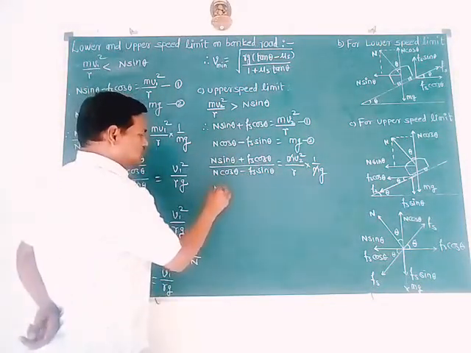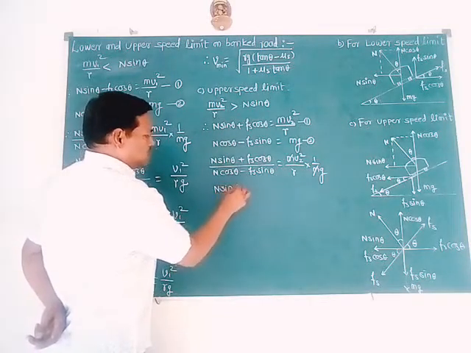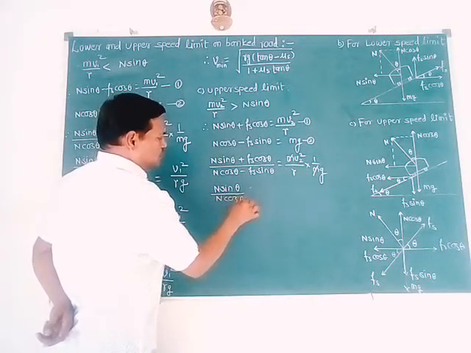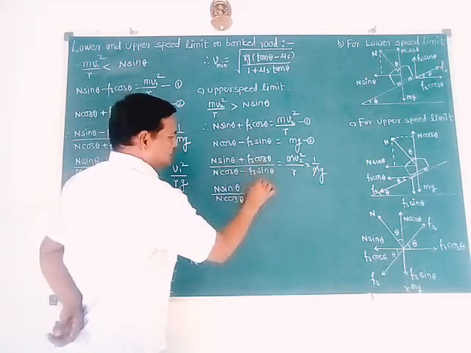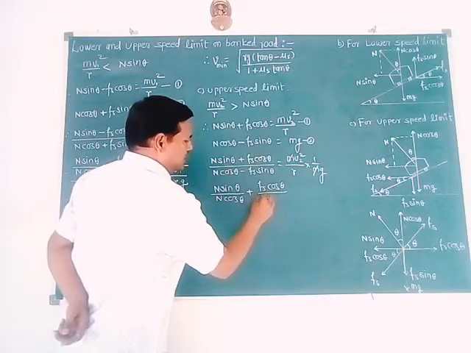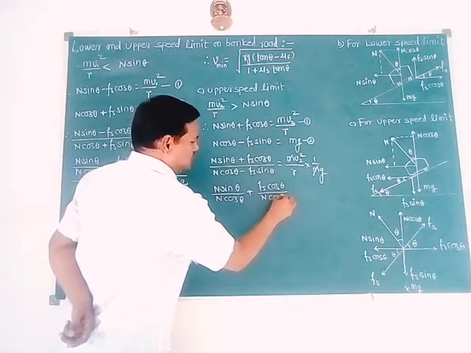So here also n sin theta divided by n cos theta plus Fs cos theta divided by n cos theta.